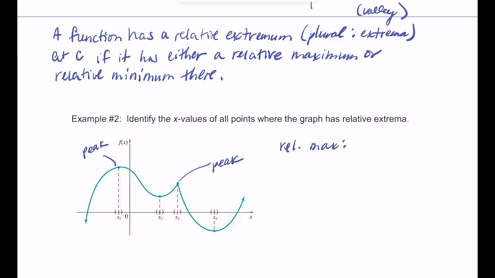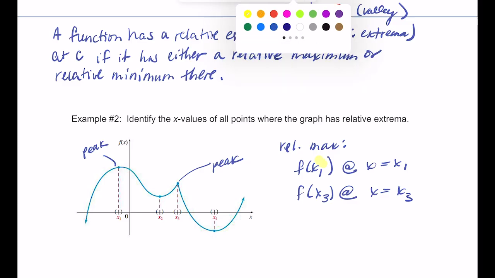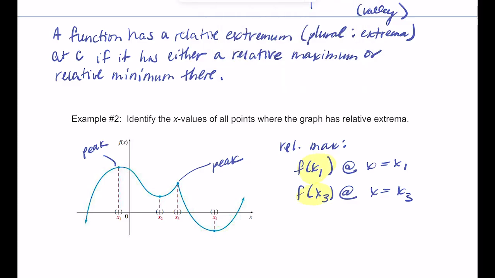So I've got a relative max, and my relative max is f of x1, and it occurs at x equals x1. My maxes and my mins are my y values. I also have a relative max at f of x3, and it occurs where x equals x3.